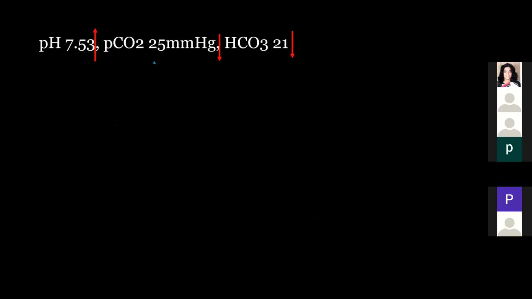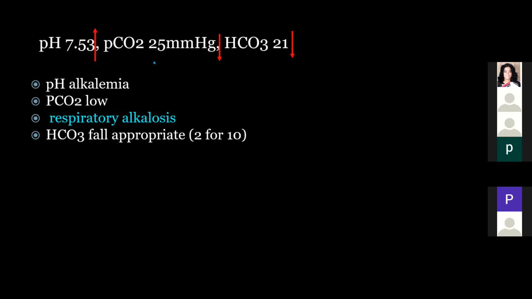Very good. So just to go up to this point, you have alkalemia, low PCO2, so straightforward respiratory alkalosis, appropriate fall of bicarb, and a wide anion gap acidosis. This is really a very wide anion gap. It's 40, which you don't usually encounter.